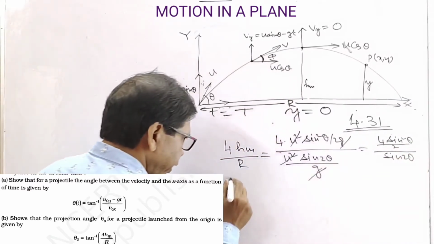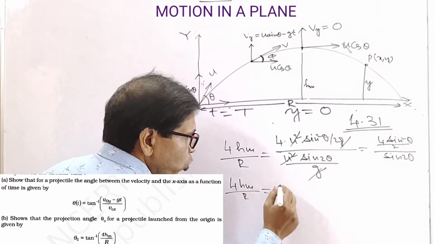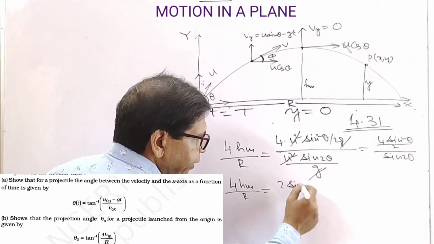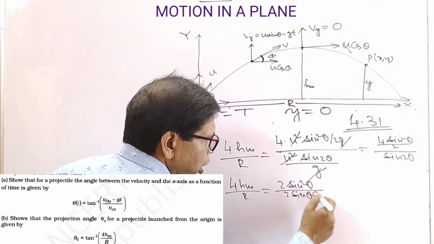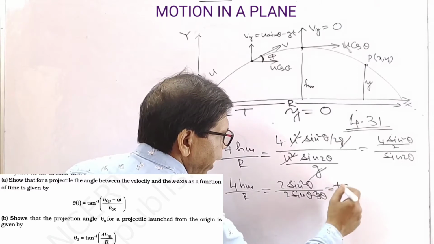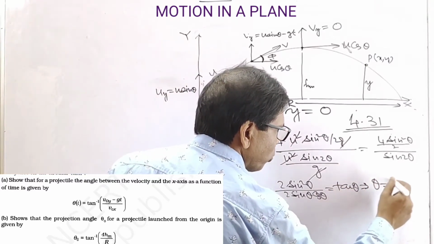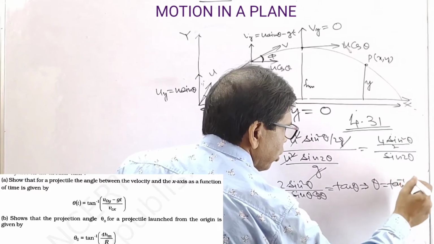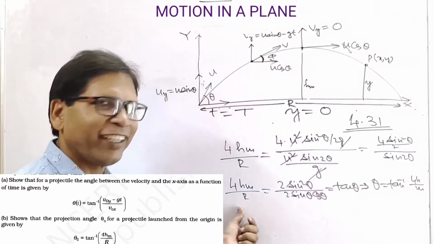So 4Hm by R equals 2 sin square theta divided by 2 sin theta cos theta, which equals tan theta. Therefore, theta equals tan inverse of 4Hm by R, which is the required relation.